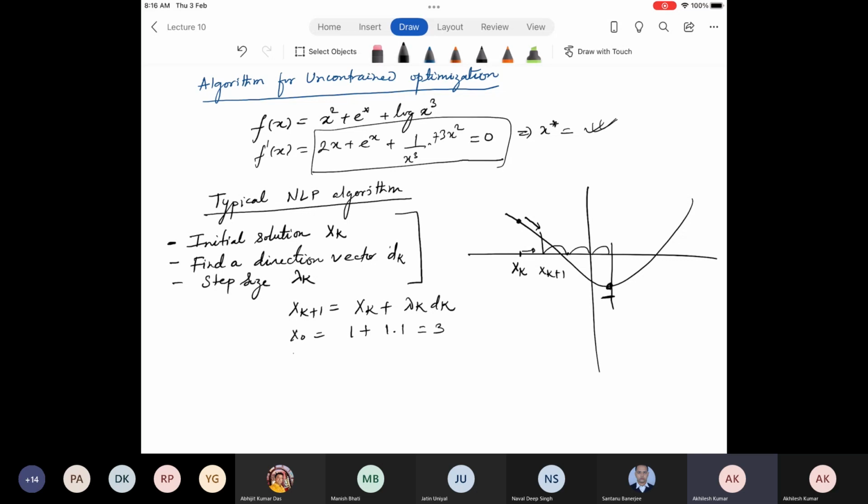So I was at 3. x1 will be 3 plus 1 into 1, that is 4, and so on. I'm talking from an algorithm perspective. There is initialization, and you evaluate the functional value at each point. So you get f of xk, then f of xk plus 1, and you proceed in such a way. I initialized. What is the last thing?